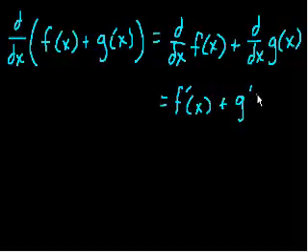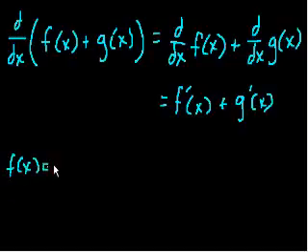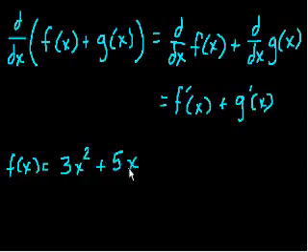And let me apply this, because whenever you apply it, I think it starts to seem a lot more obvious. So let's say f of x is equal to 3x squared plus 5x plus 3.